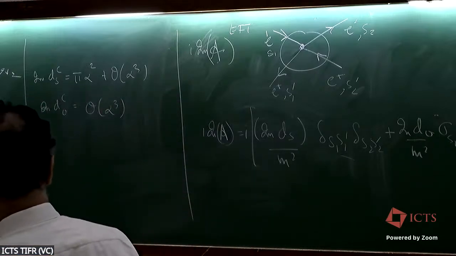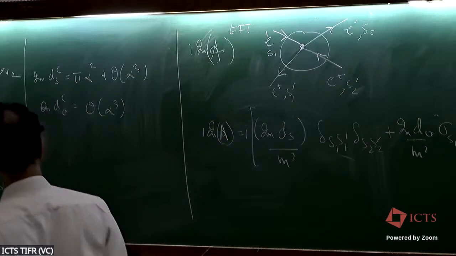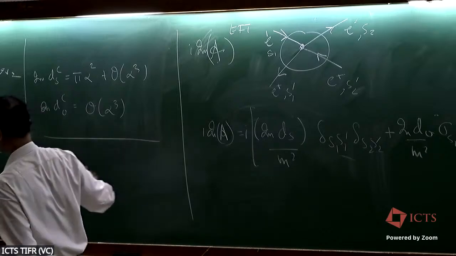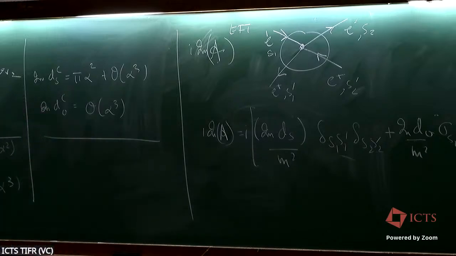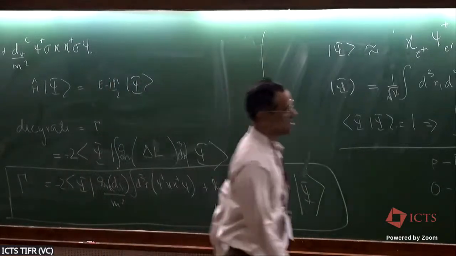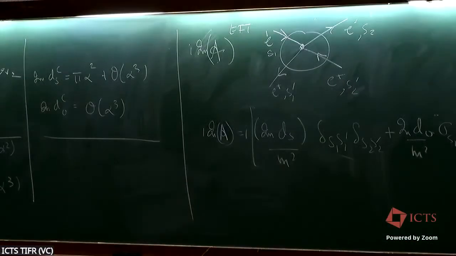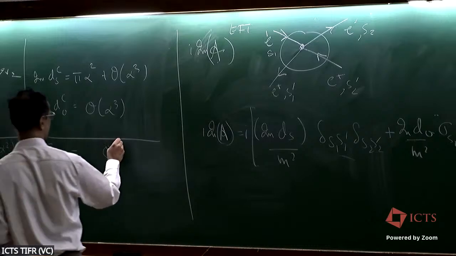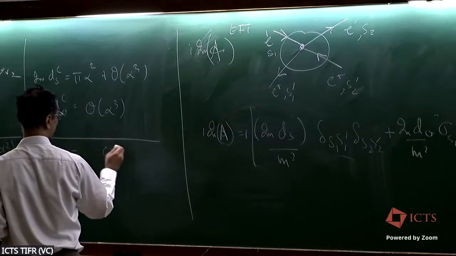So yeah, now you can just calculate and substitute it here. So the final result for gamma of octet is equal to order is 0 up to this order.